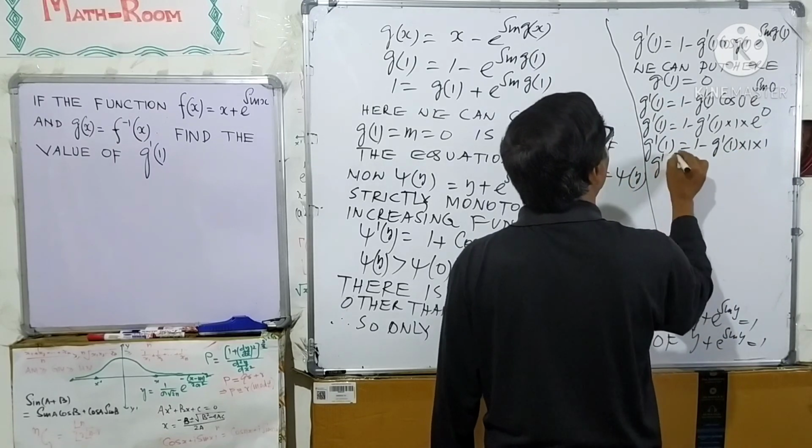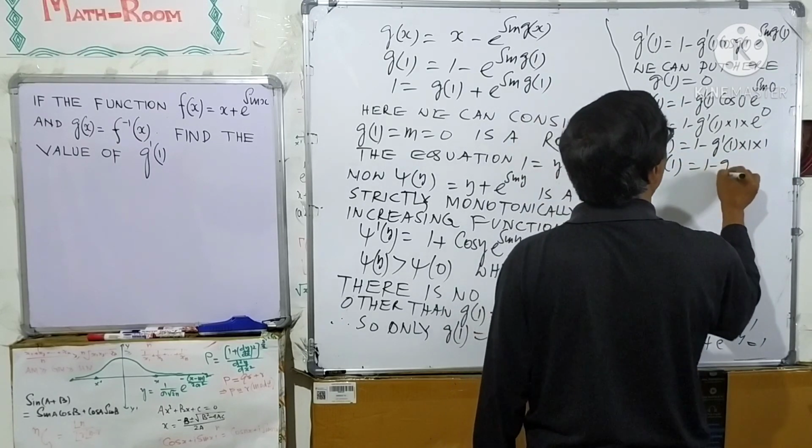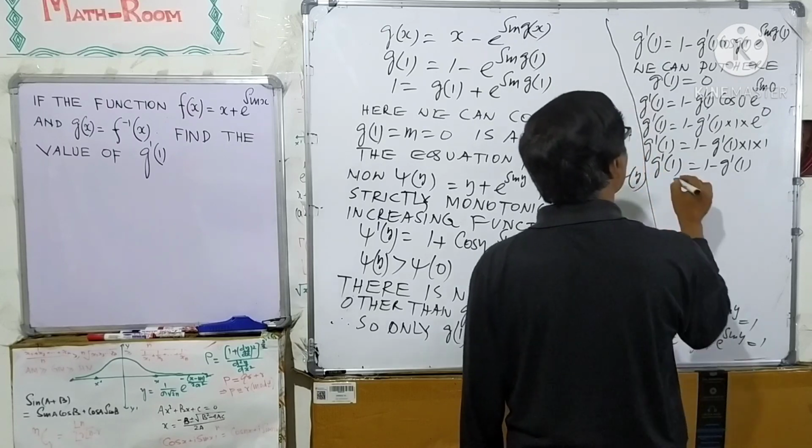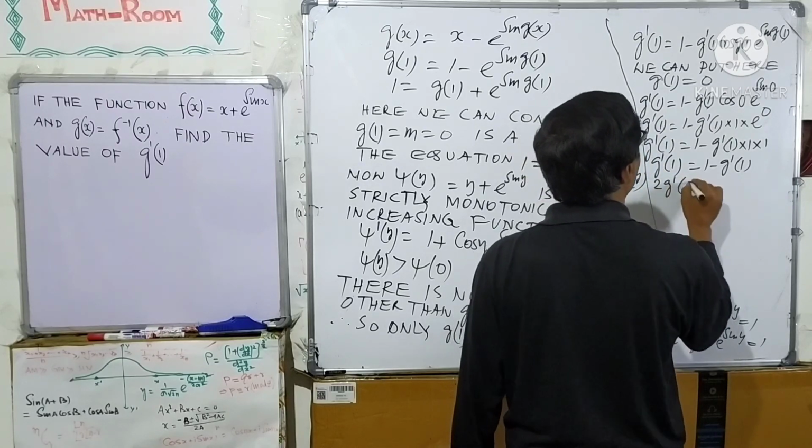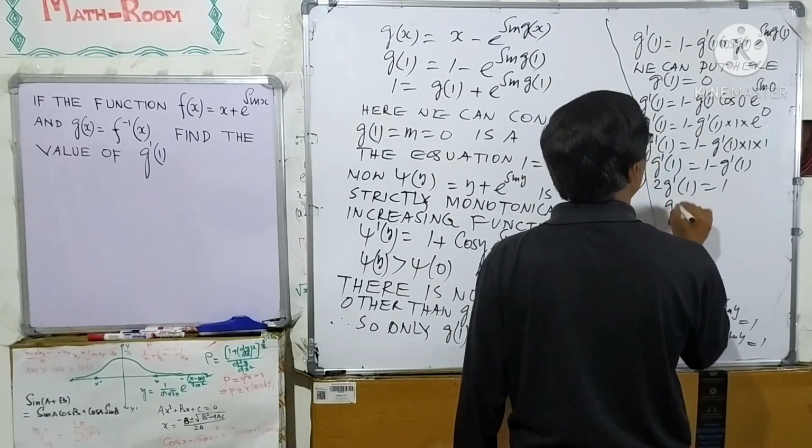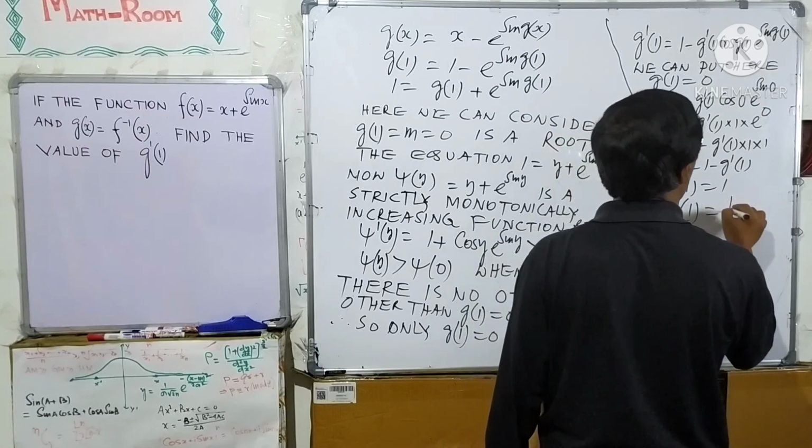So g dot 1 equals 1 minus g dot 1, so 2 g dot 1 equals 1, that is g dot 1 equals half.